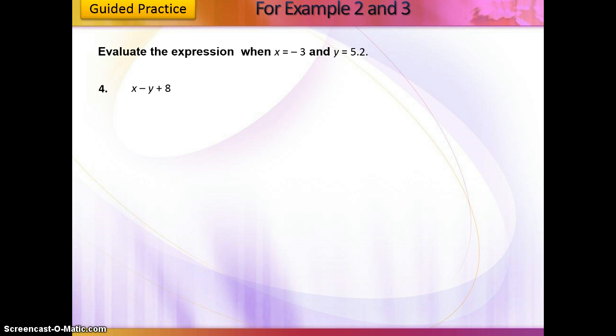So our equation will say negative 3 minus 5.2 plus 8. So negative 3 minus 5.2 gives me negative 8.2, and negative 8.2 plus 8 gives me negative 0.2.